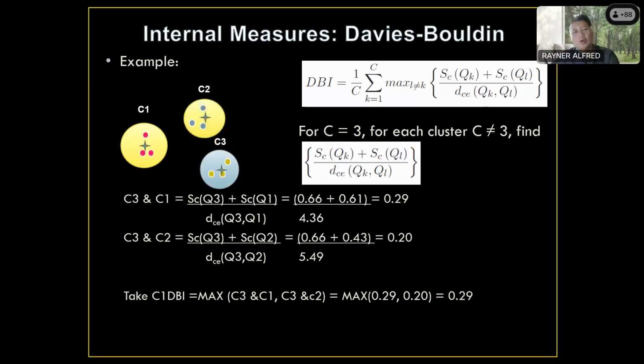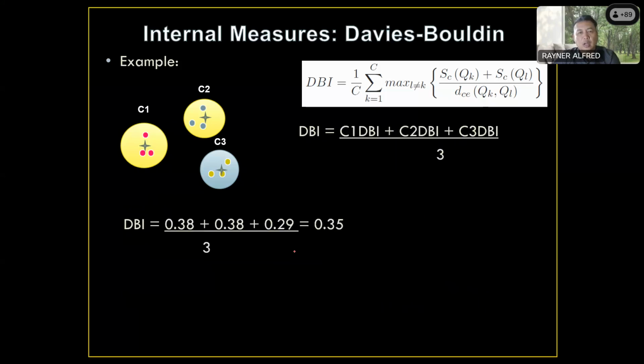Now cluster 3 will be your main reference here. We compute the DBI for cluster 3, and the worst scenario is this one. Once we get this, we can compute the total one. The total will be the average.